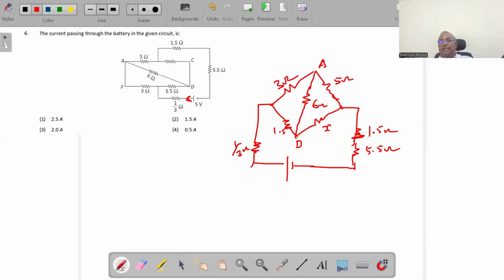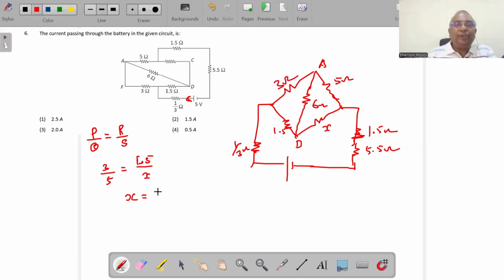If we want to solve this sum, definitely that Wheatstone bridge should be in the bridge balance condition. If you solve it, it must have been a bridge balance condition. So P by Q should be equal to R by S, so that we can find out the unknown resistance X. P by Q is 3 by 5 equal to 1.5 by X. So X will be equal to 1.5 into 5 divided by 3.